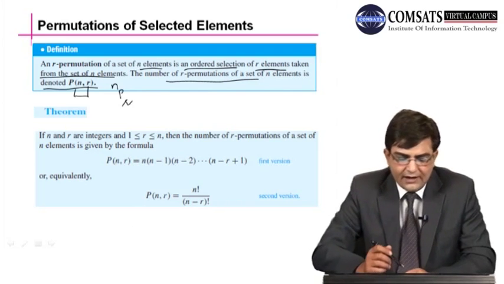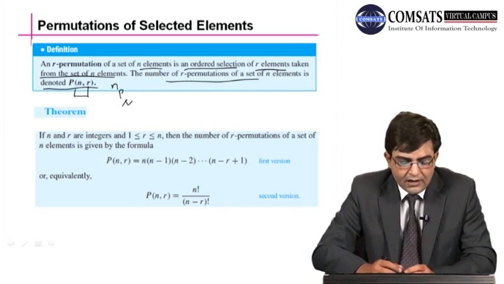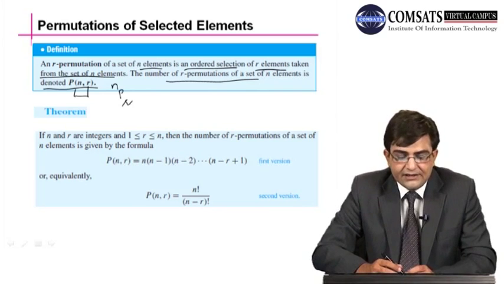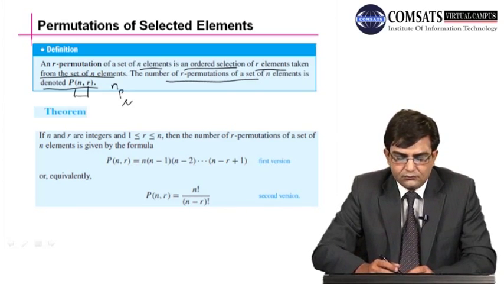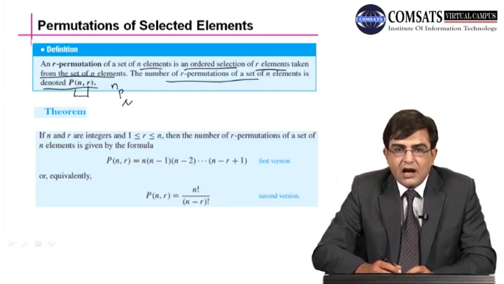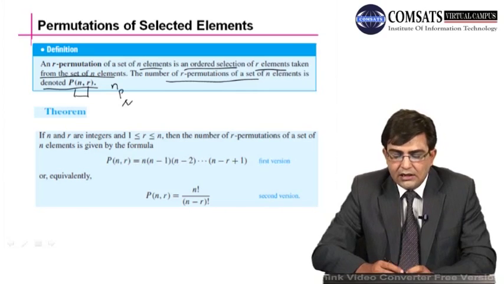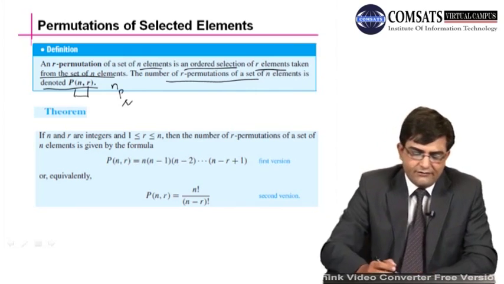Now the theorem is that how we can calculate this. If n and r are integers such that r is greater than or equal to 1 and less than or equal to n, that is, r must be less than or equal to n, then the number of r permutations of a set of n elements is given by the formula.